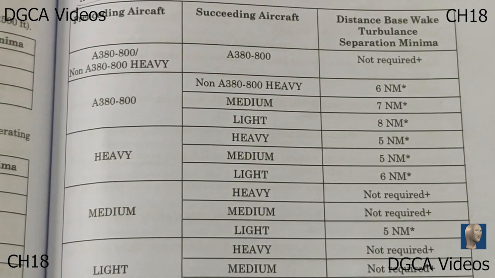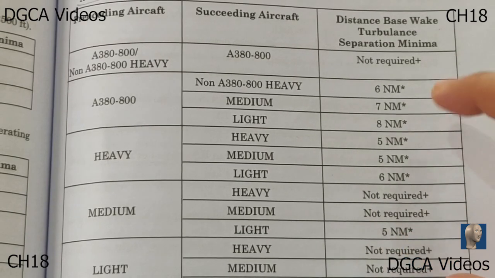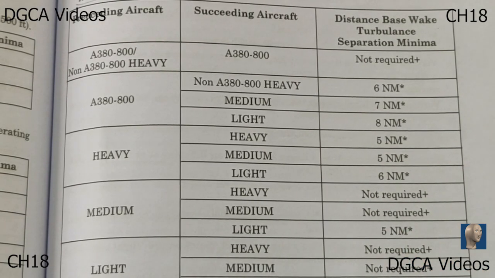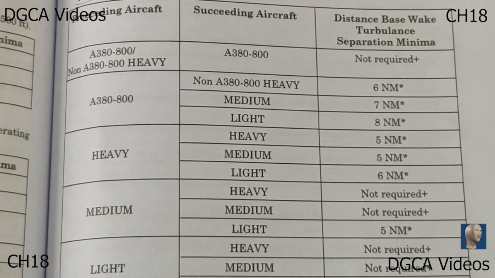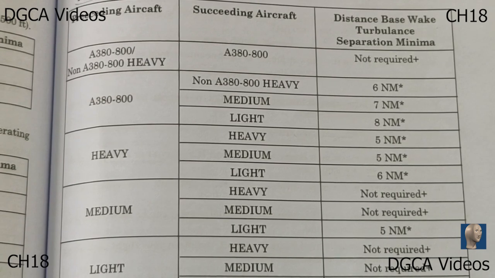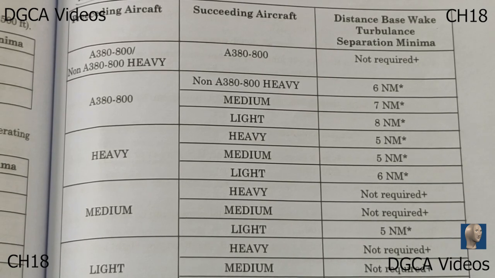So it basically is from 5 nautical miles to 8 nautical miles. You just have to take care that if the preceding aircraft is very heavy, super heavy, and the following aircraft is a light one, then the separation needs to be a little bit more. Right, that thing has to be kept in mind and you will be able to remember it.